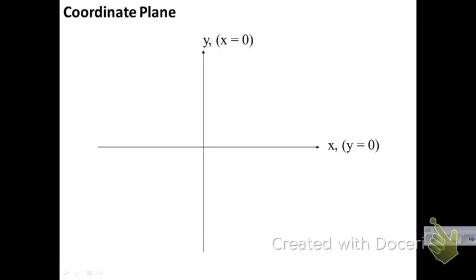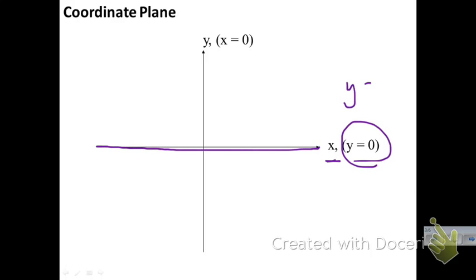Okay, the coordinate plane, again, we have an x-axis right here and the y-axis right there. Oh, I went too fast, sorry. Let me go back one. This x-axis is also the line y equals 0. So if I asked you to graph y equals 0, you would graph that line.